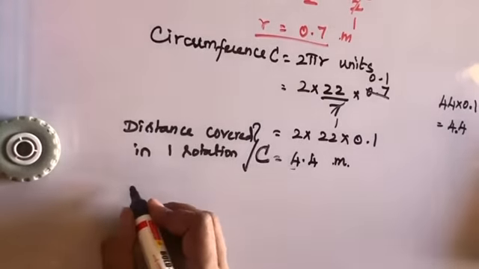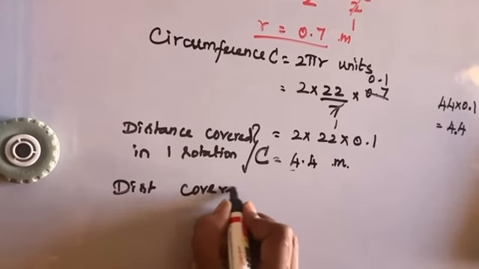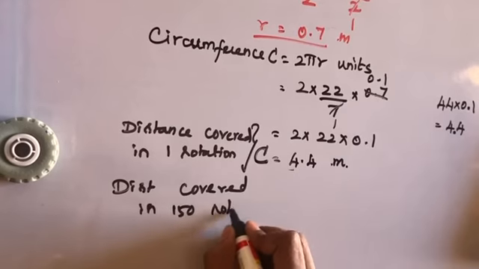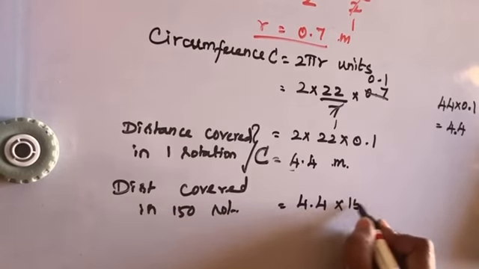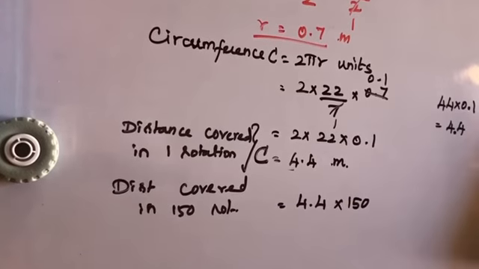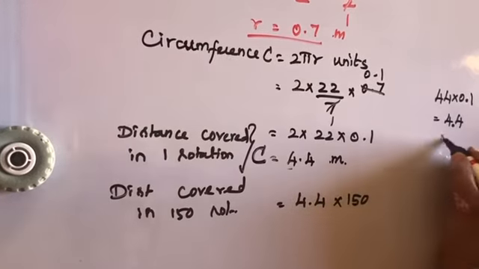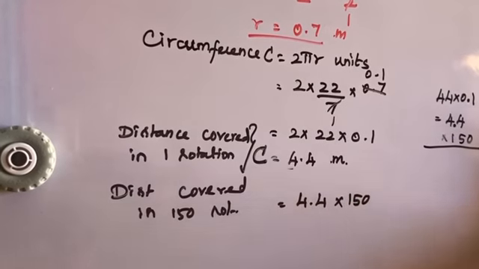So we have to multiply this value by 150. Okay, what do you get while multiplying 4.4 into 150?